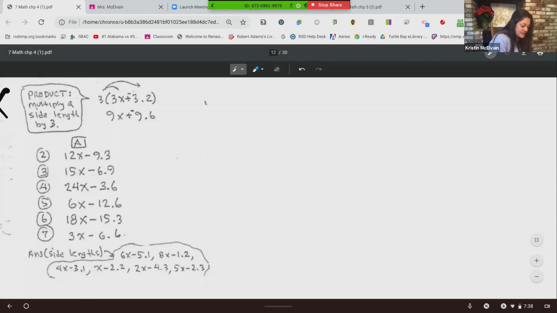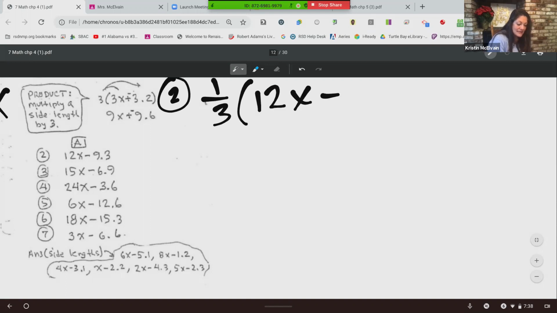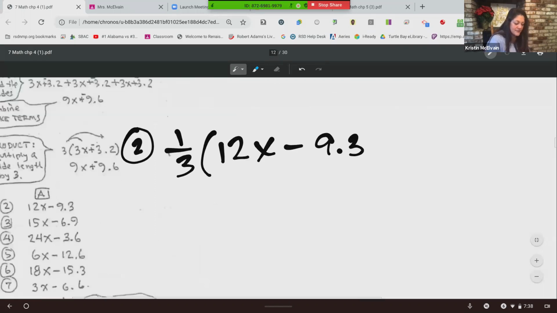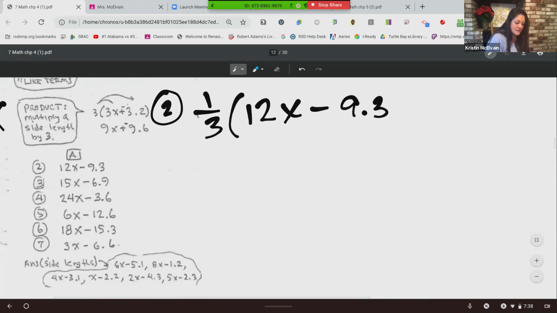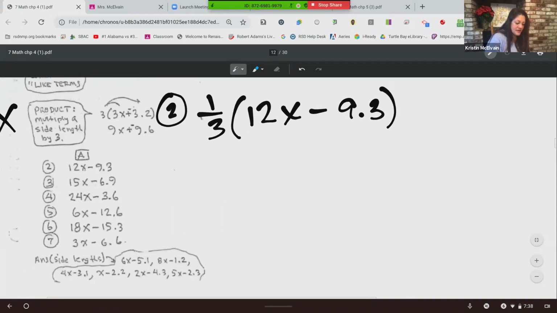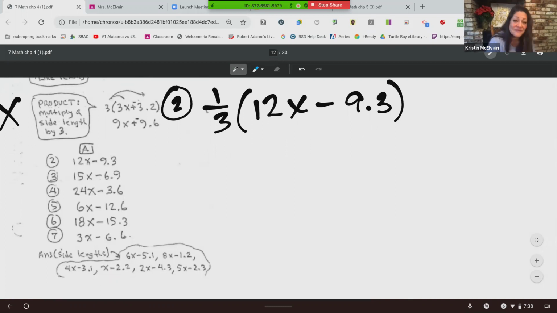For number 2, we're going to do 1/3 times 12x minus 9.3. That gives us, for one side, 4x. Oh, and I forgot to add the opposite, plus a negative 3.1.